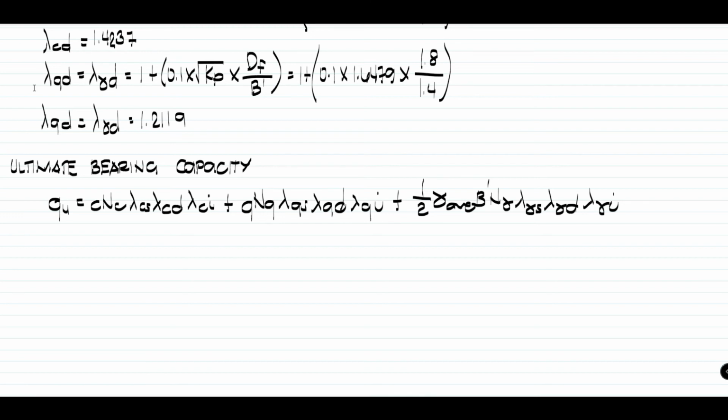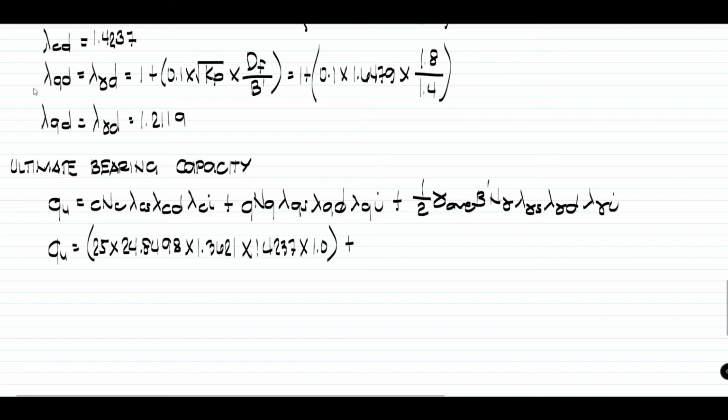So, substituting the values for these factors, so we have QU is equal to, so yung C natin will be 25, our NC will be 24.8498, our lambda CS is 1.3621, our lambda CD will be 1.4237, and especially yung lambda CI natin is 1.0 lang kasi hindi naman inclined yung loads natin.